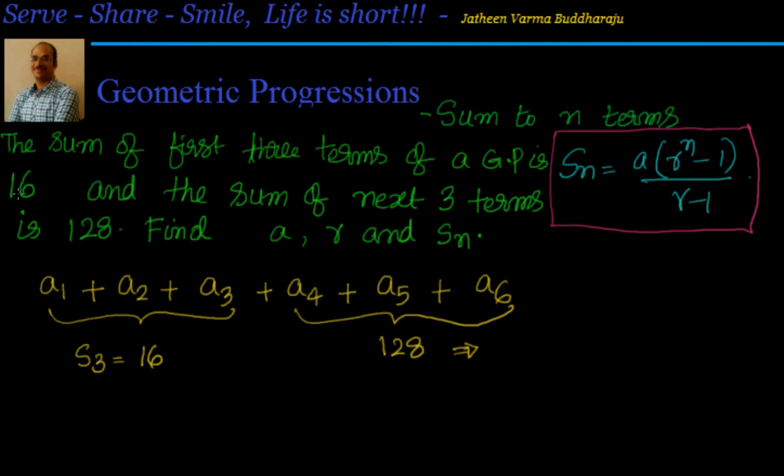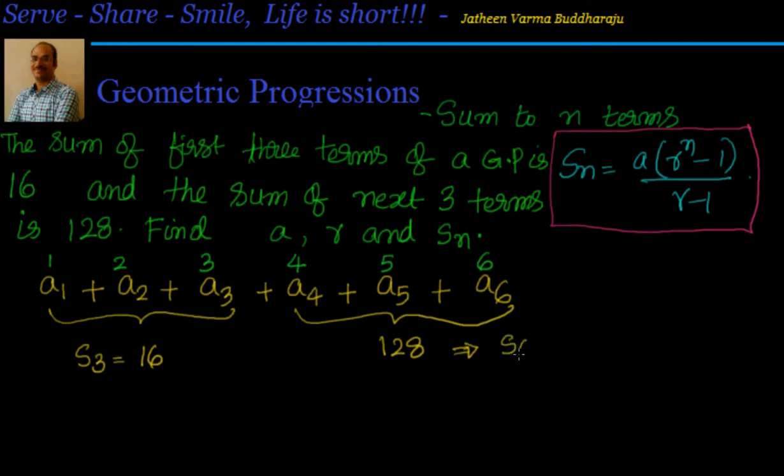If you see, let us write it down. This is first term, second term, third term, fourth term, fifth term, sixth term. Now you want the sum of 4, 5 and 6. How to write it in the form of S of n? So what I will do is, I will find the sum of 1 to 6 and from that subtract the sum of 1 to 3.